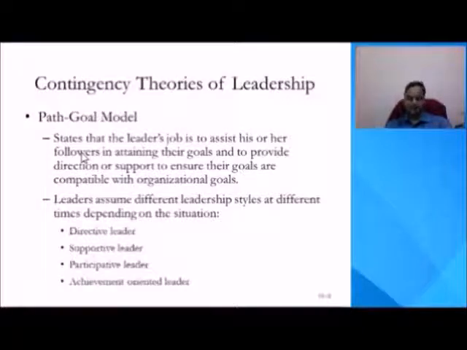So the leaders again assume different leadership styles at different times depending on the situation. So again, it's the same concept of a directive leader, a supportive, participative, and achievement-oriented leader.